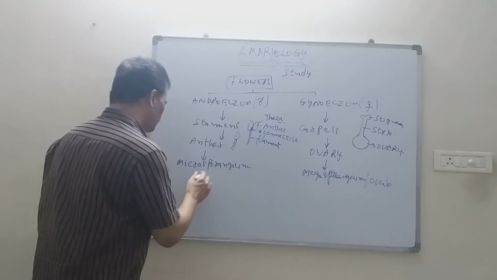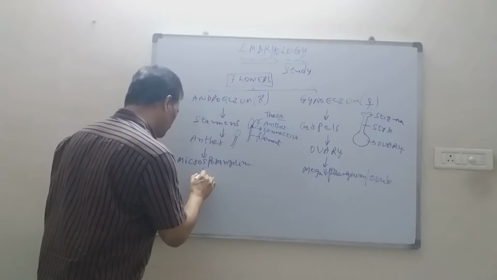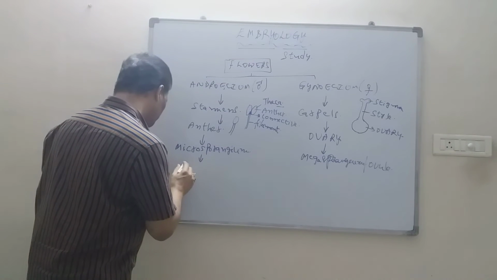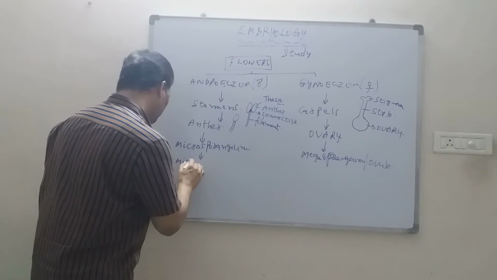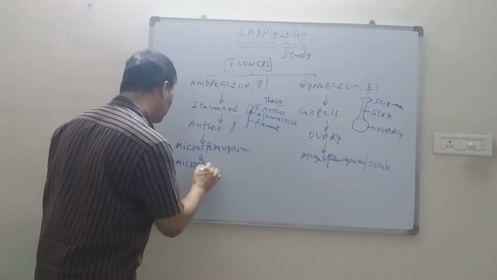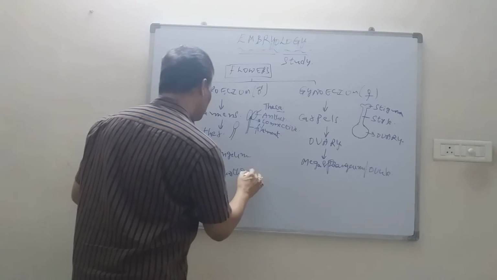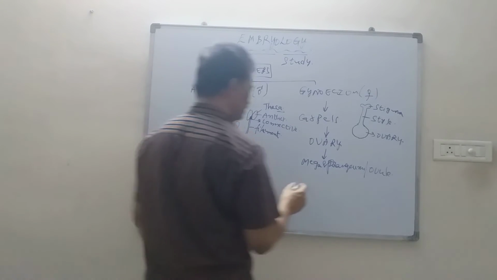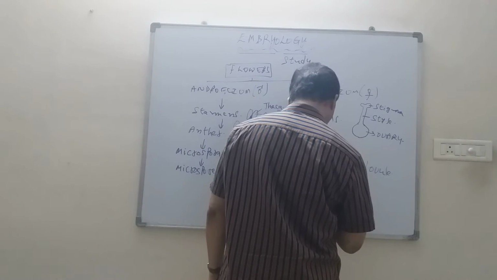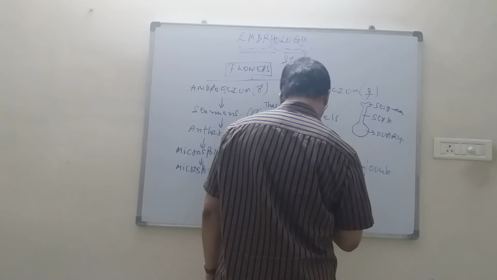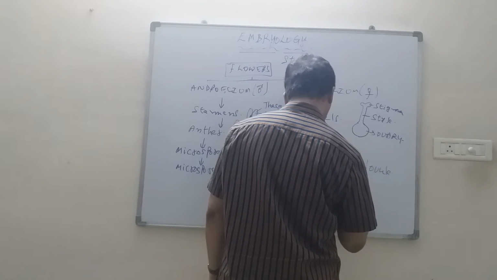Next, this microsporangium internally, at the time of maturity, produces microspore mother cells. In the same way, the megasporangium or ovule produces the megaspore mother cell.